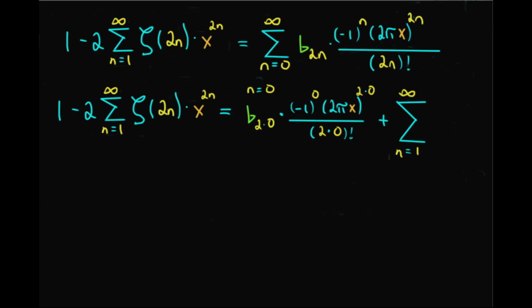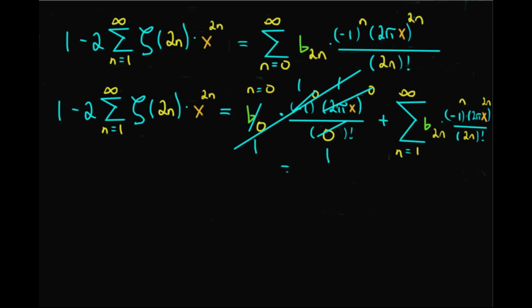So plus the sum from n equals 1 to infinity of b sub 2n times negative 1 to the n times 2 pi x to the 2n all over 2n factorial. And now we can simplify this n equals 0 term. B sub 0 equals 1. Negative 1 to the 0 equals 1. 2 pi x to the 0 just equals 1. And of course 2 times 0 factorial, that's just 0 factorial, that also equals 1. So this entire term just equals 1.